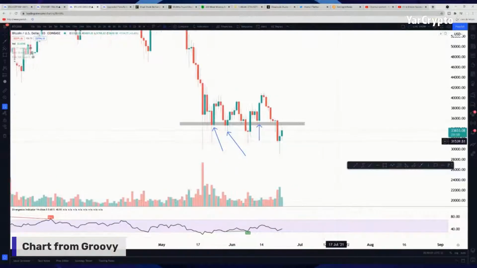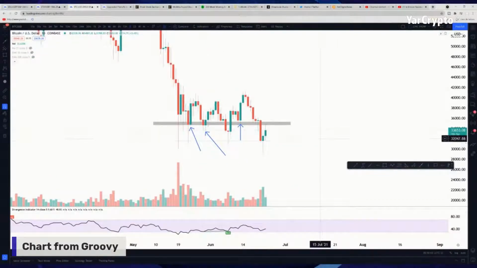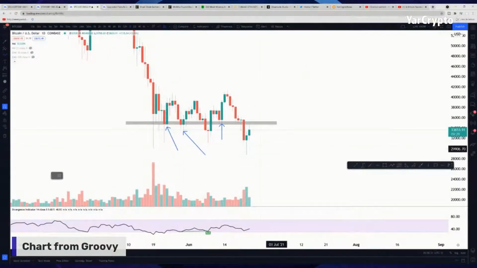And in the past couple of days, as we talked about on our previous live shows as well, we just dumped straight through this support area that I drew here. And I talked about it earlier as well, that it was a possibility of us actually coming back to this area and retesting this as resistance. And that is exactly what happened. Actually, today we, as expected, went from this point right here and went all the way up to the 35k level once again and retested it.